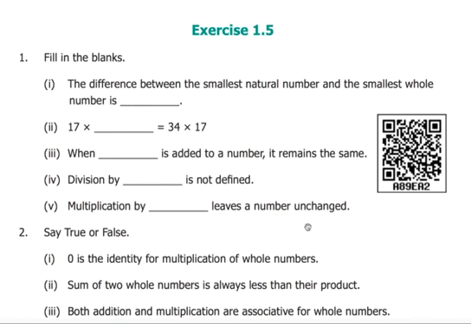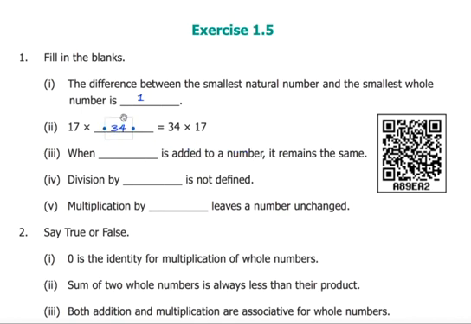Next, exercise 1.5. The difference between the smallest natural number and the smallest whole number is: the smallest natural number is 1, the smallest whole number is 0. So 1 minus 0 is what is being asked, so you will get the answer as 1. 17 into 34 is the same as 34 into 17.